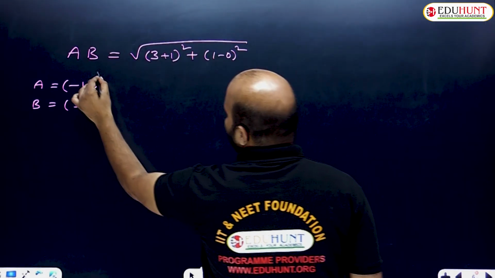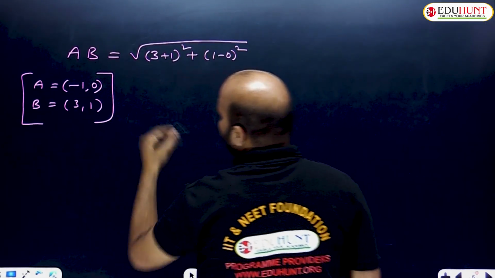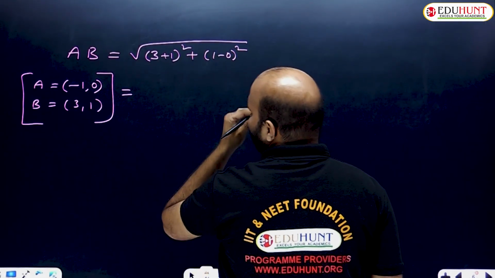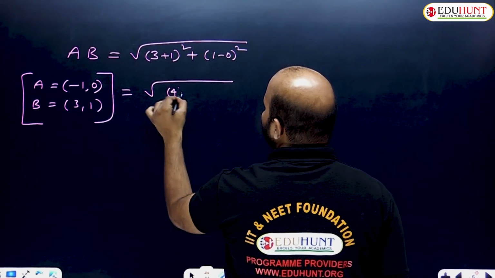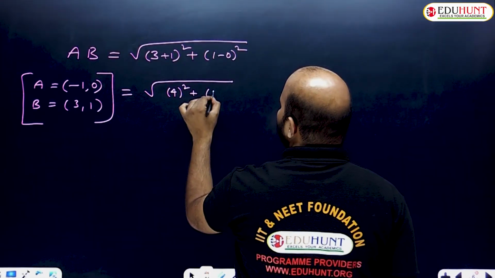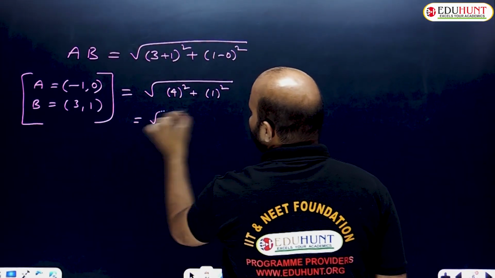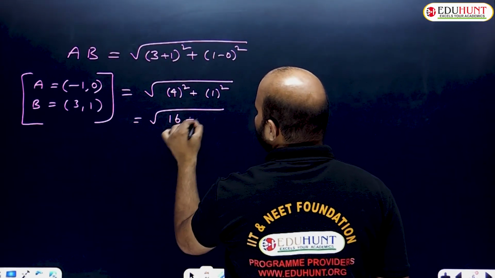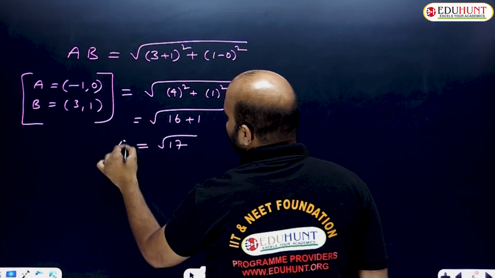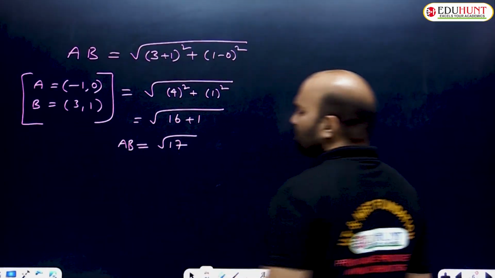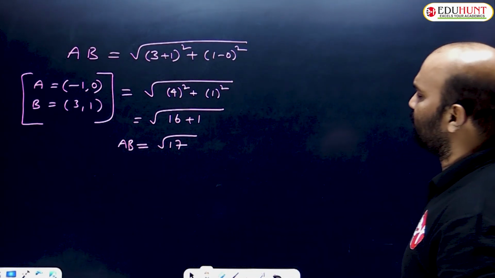So it can be written as square root of 3 plus 1, 4 square, plus 1 minus 0, nothing but 1 square. So what is the value? Square root of 16 plus 1. AB equals 17 under the root. The distance between A and B is square root of 17.